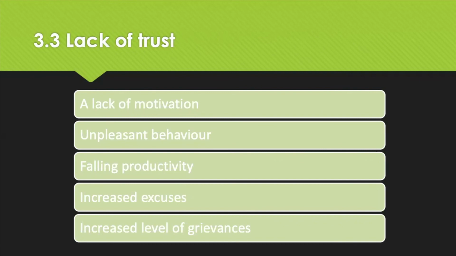Failing productivity: the lack of motivation is reflected in a reduction in output. Increased excuses: the supplier is unwilling to admit to or talk about problems and makes excuses. And finally, an increased level of grievance from suppliers regarding their treatment by the buying organisation.